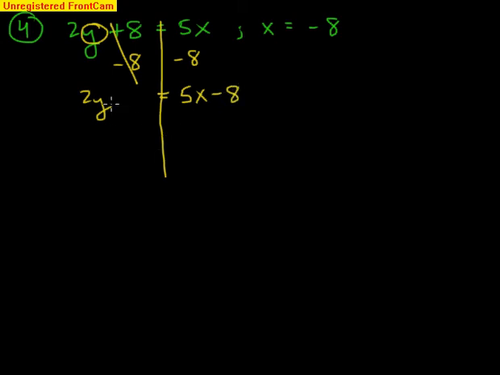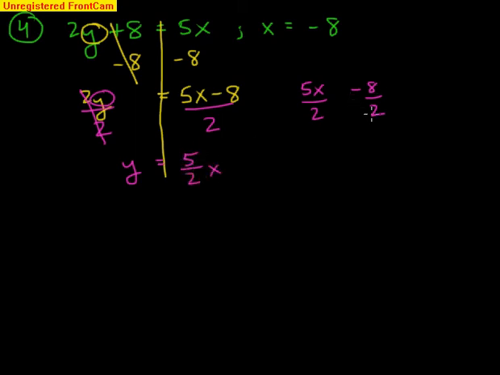Still got to get y by itself. So it's 2 times y, so let's divide by 2 on both sides. On the left side, the 2's cancel, and we get y equals. On the right side, it is 2 divisions: 5x divided by 2 and negative 8 divided by 2. 5 and 2 do not share any common factors, so it's just 5/2 x.